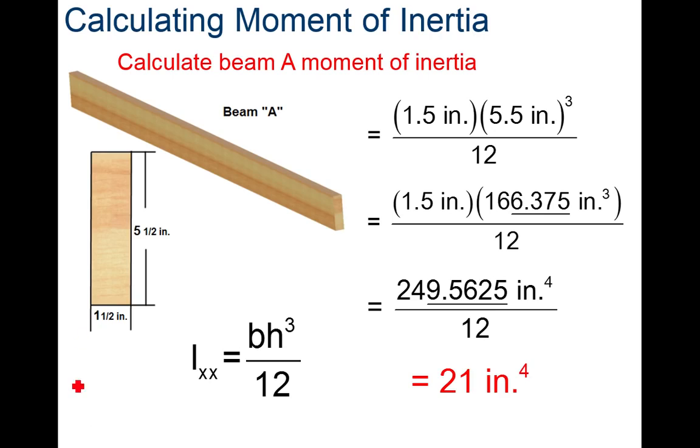And notice with inches, there are no units on 12, nothing canceled, and that's why we get inches to the 4th. Inches cubed times inches, that's how we get inches to the 4th. Please make sure you're following along with your calculator. You'll be doing this on a quiz at some point.